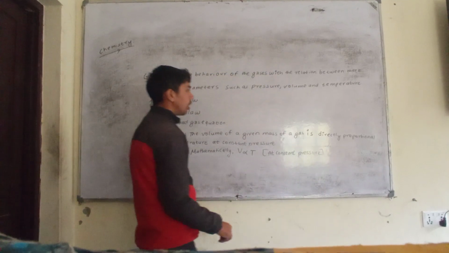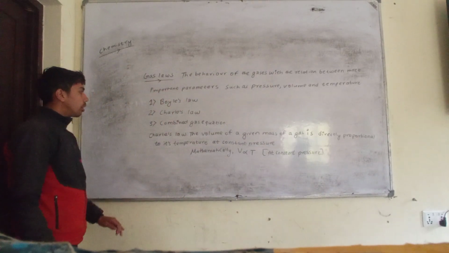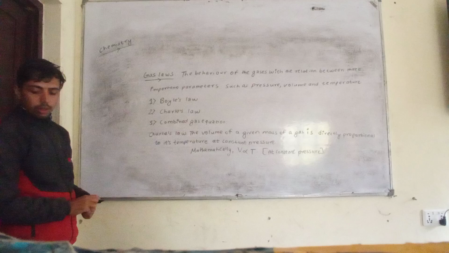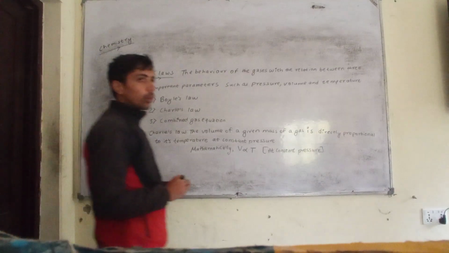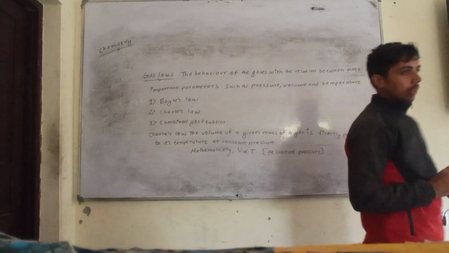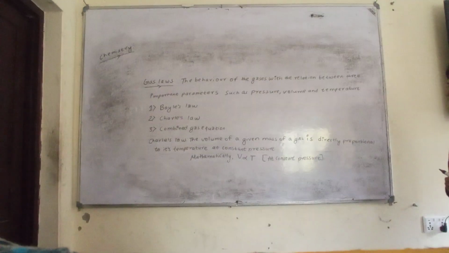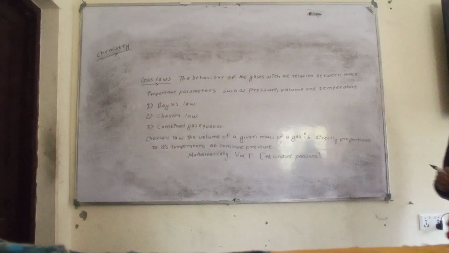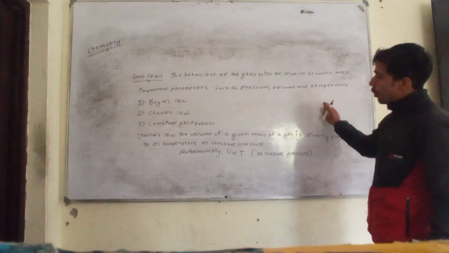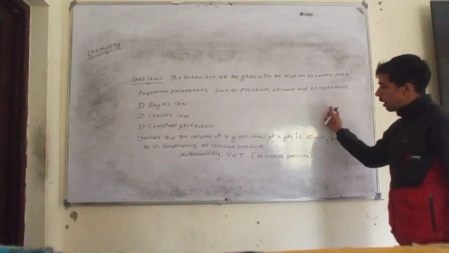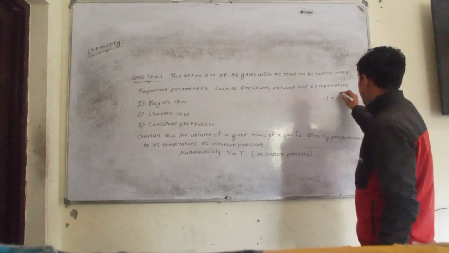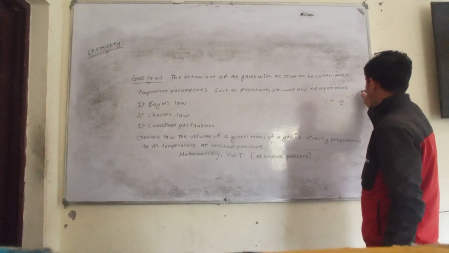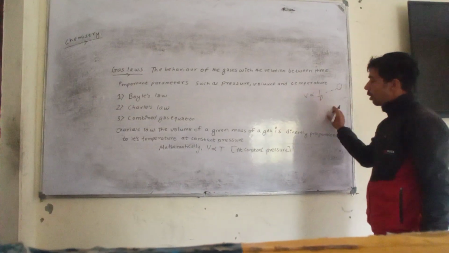Now, in order to obtain the relation for the combined gas equation, we need to apply both Boyle's law as well as Charles' law. In a simpler manner, you need to make the concept clear about these two laws: the volume of a given mass of a gas is inversely proportional to the pressure, this is Boyle's law.